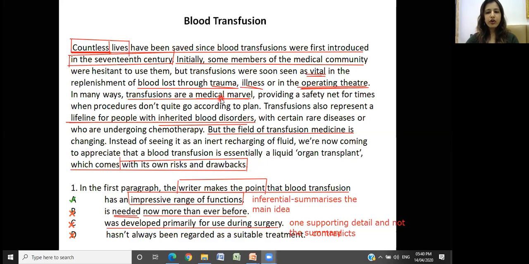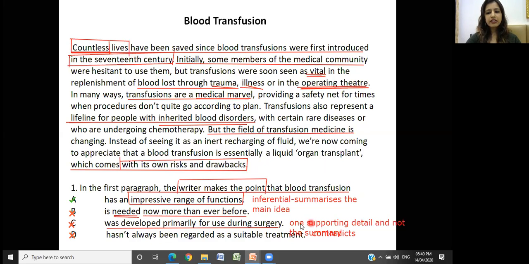Make sure you're following that three-step strategy. First step is to read the question, find out what the question is, what type of question is it. Second step is to read the paragraph, and that's the crucial step. When you read the paragraph, you are reading it to find out a good summary of the paragraph. And third step is then to match your summary with the answer choices.